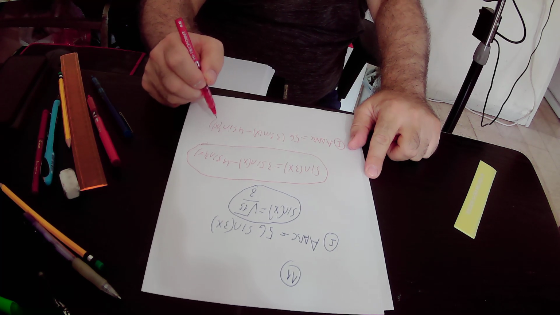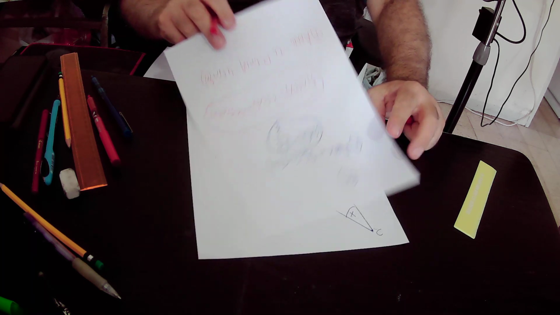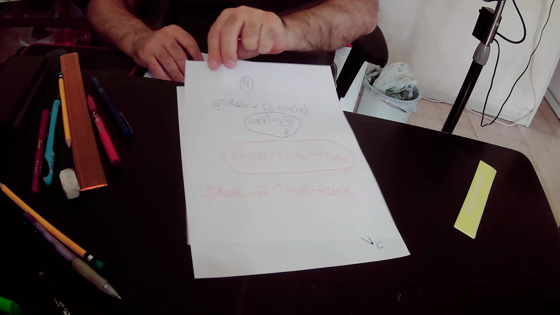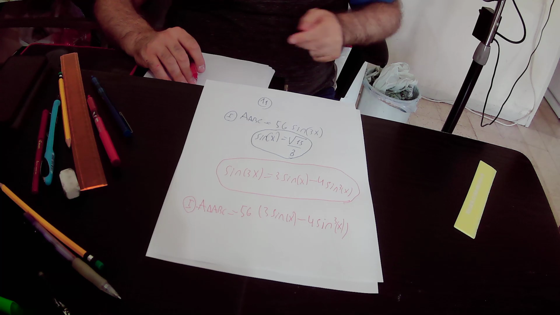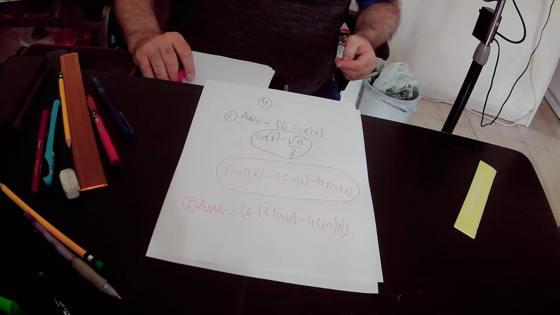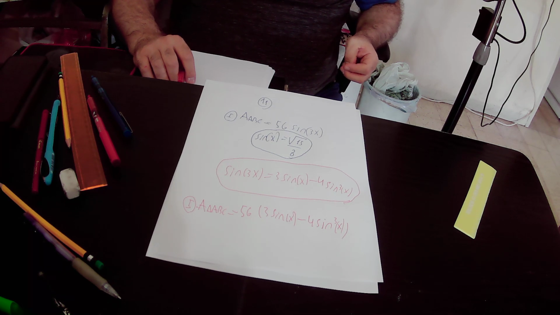So in total we got that the area of triangle ABC equals 56. In the brackets we have 3 sine x minus 4 sine cube x.